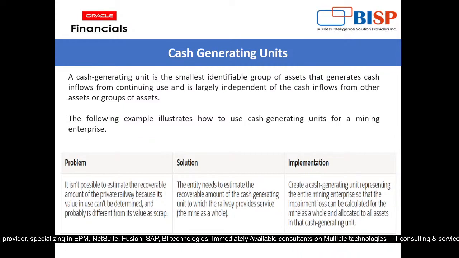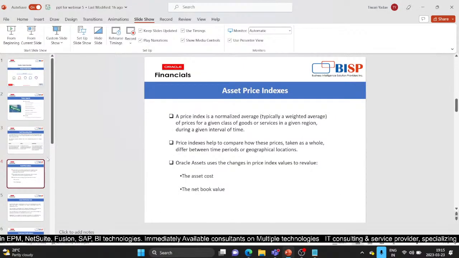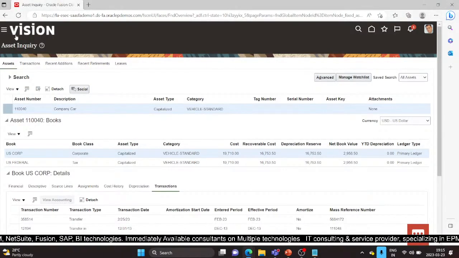So we have seen the impairment process yesterday for a single asset, that we can apply for a cash generating unit if a cash generating unit is created for our organization. So let's see how cash generating units can be created. Let's move to the instance. It's very easy.